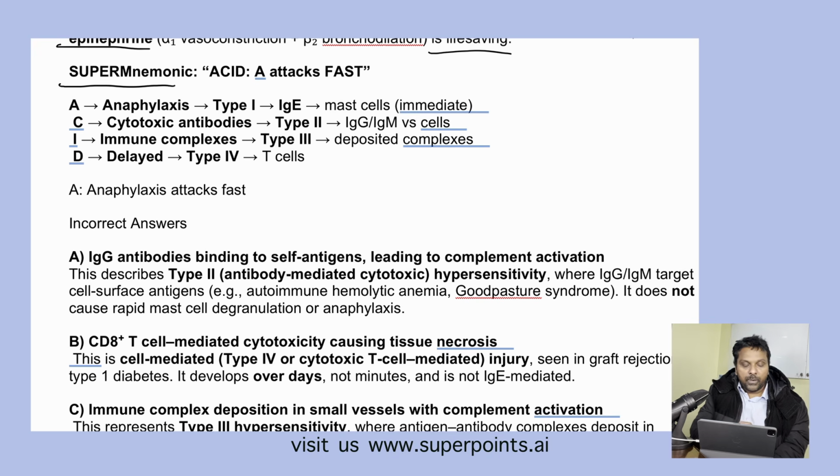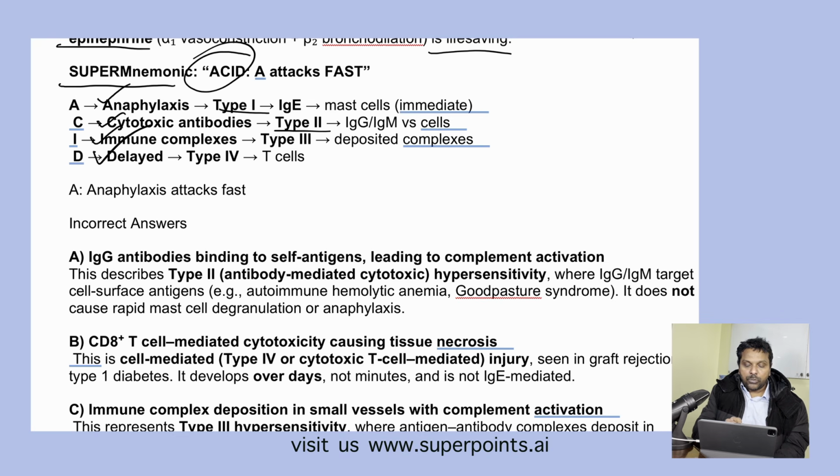The super mnemonic here, how do you remember? The best thing is ACID. Type A is anaphylaxis, and then type 2 is cytotoxic antibodies. I stands for immune complexes. D stands for delayed. All right.